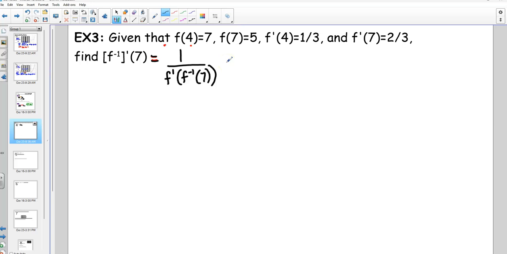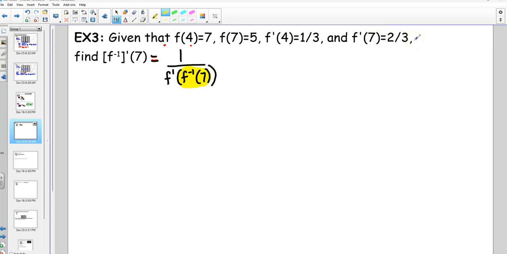The prime goes on the outside, the inverse goes on the inside. They have given me f of 4 equals 7, f of 7 equals 5, f prime of 4 equals 1/3, and f prime of 7 equals 2/3.